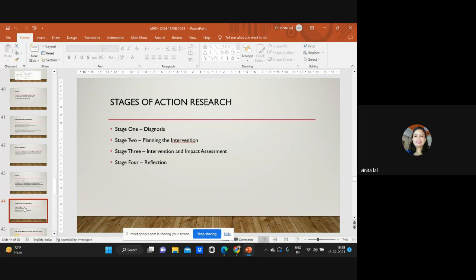And the second is interpretation of data. The data collected need to be interpreted through minimal statistical quantitative analysis, so that the impact of the treatment, the alleviation of the problem, can be assessed. And the fourth one, stage four, is reflection. Reflection goes beyond the database result.